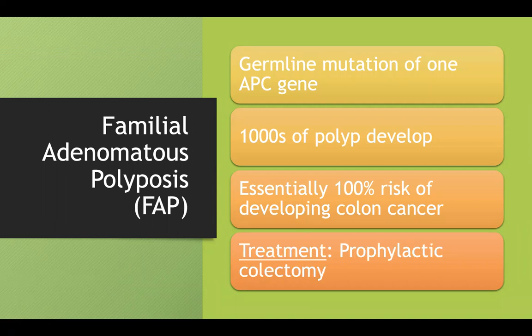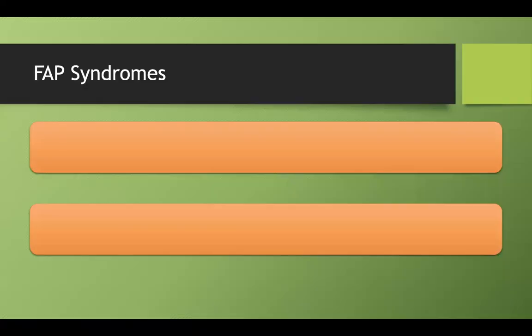To treat this, you have to remove the colon, and as soon as you're deemed a decent surgical candidate, it's reasonable to do it because of your extremely high risk.